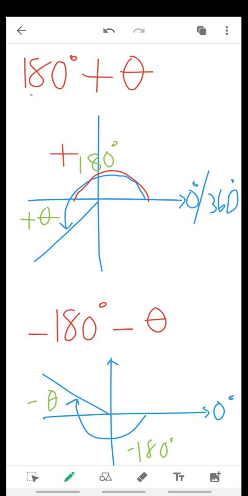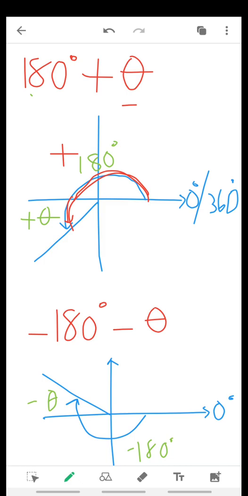Where I stop, the angle tells me to continue in the same direction because it's positive, anti-clockwise. Remember theta is very small, an acute angle. So when I moved theta degrees in the same direction, anti-clockwise, I landed in the third quadrant, and the whole of this angle is my 180 plus theta. Let's look at the next one.